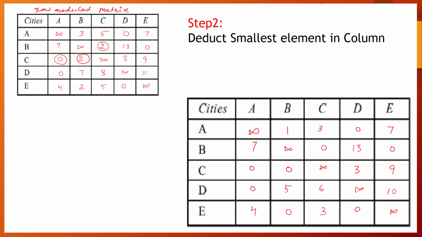So here we have the row reduced matrix and the column reduced matrix. In the next step we'll go for step 3, where we'll be doing the horizontal and vertical lines.